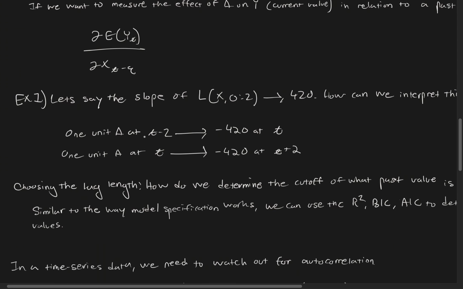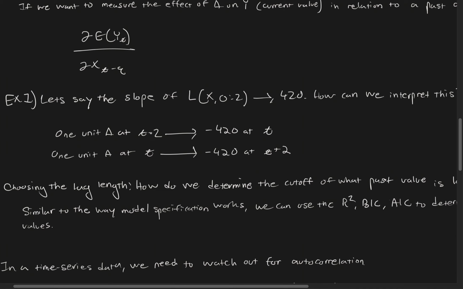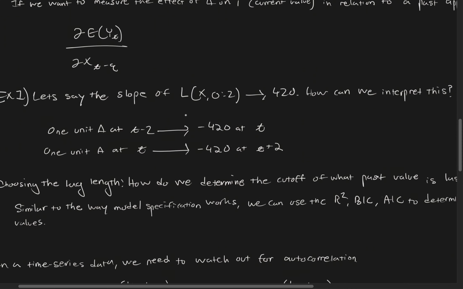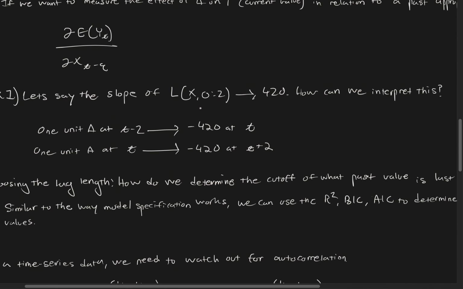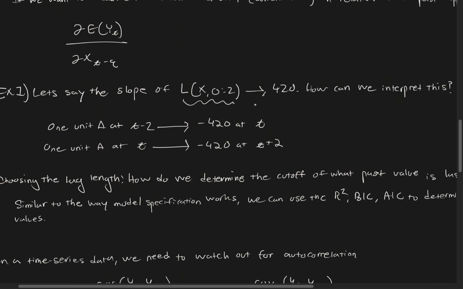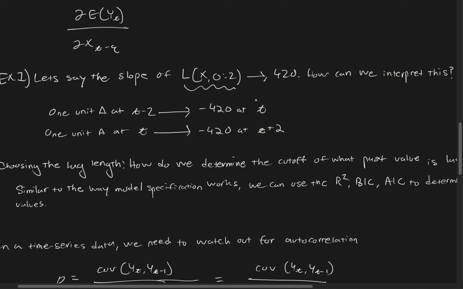All right. So the way the time series slopes are interpreted can be a little confusing. Let's say in a regression output, we see that the slope of an explanatory variable 2 units into the past, right here, is minus 420. That's the slope. And so the way we can interpret this is a 1 unit change at 2 units in the past is actually a minus 420 units of change into the future.